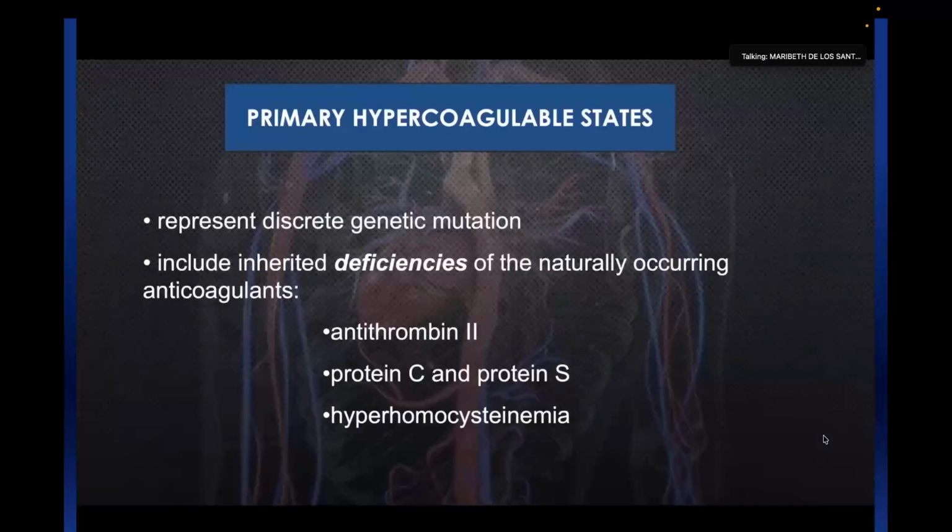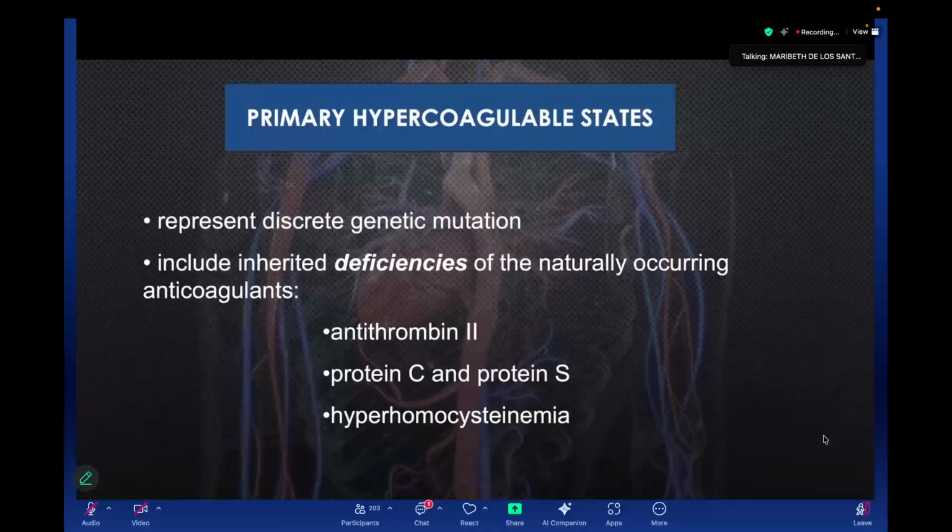Now, with primary hypercoagulable states, these are inherited deficiencies of antithrombin 2, protein C, and protein S, and hyperhomocystinemia. All of these represent discrete genetic mutations that lead to a hypercoagulable state.